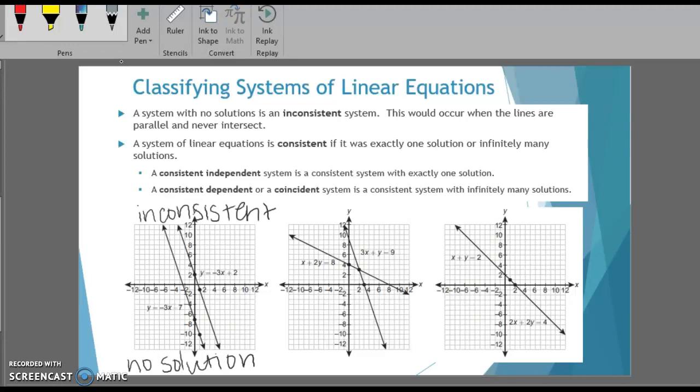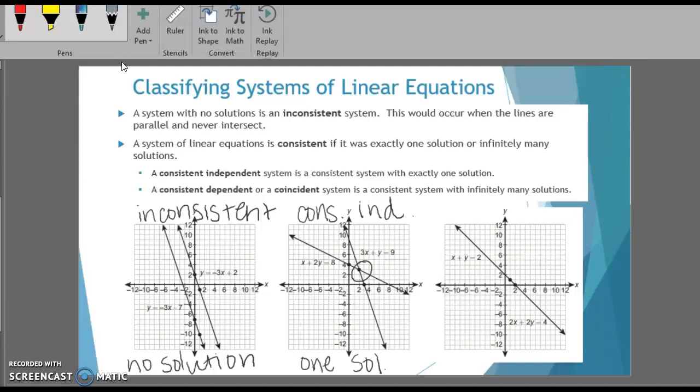A system of linear equations is consistent if it has exactly one solution or infinitely many. So a consistent independent system is a consistent system with exactly one solution. So this middle one right here is a consistent independent system. One solution, because they intersect, and you can find that intersection point right there.